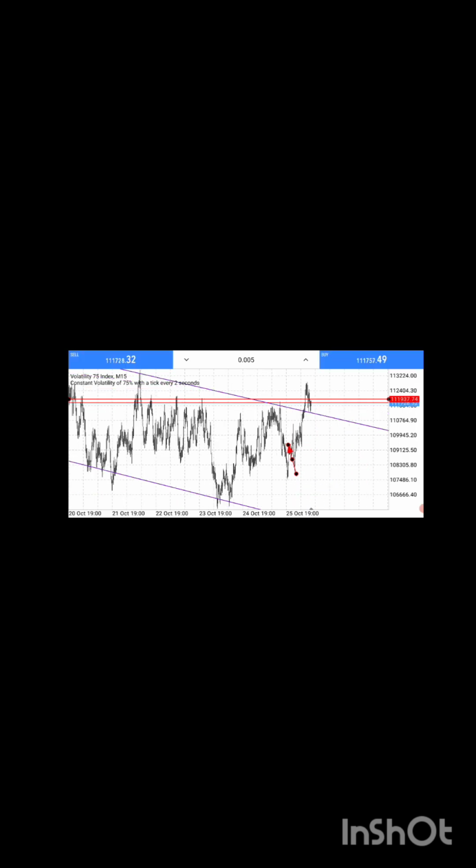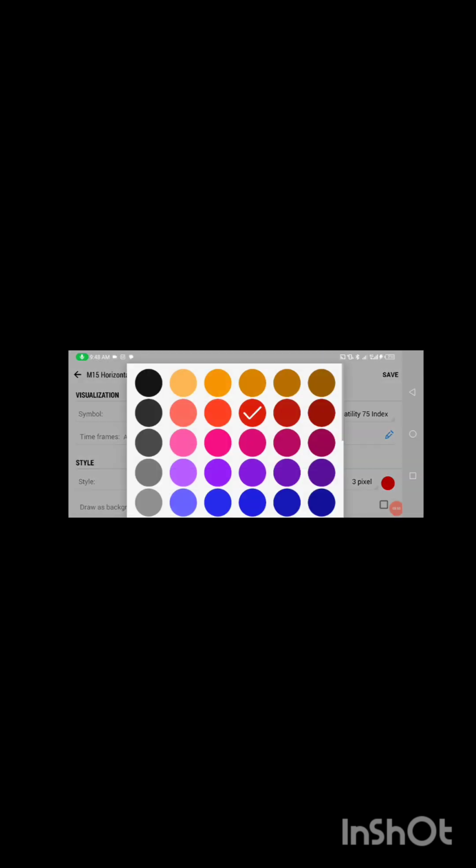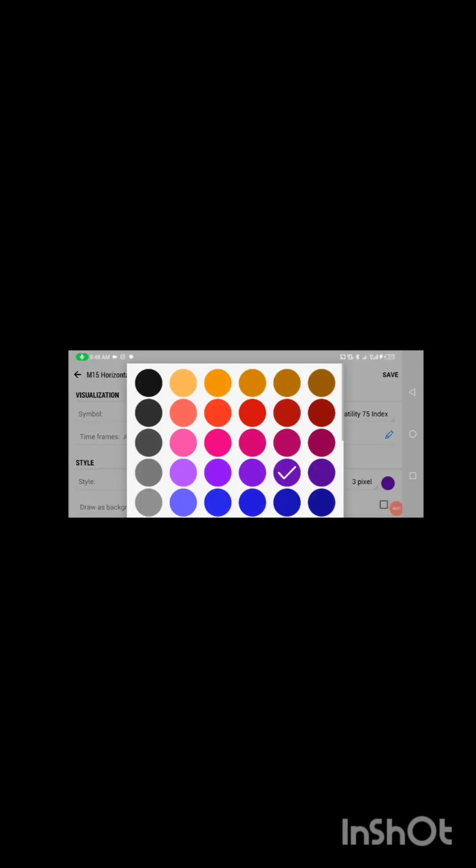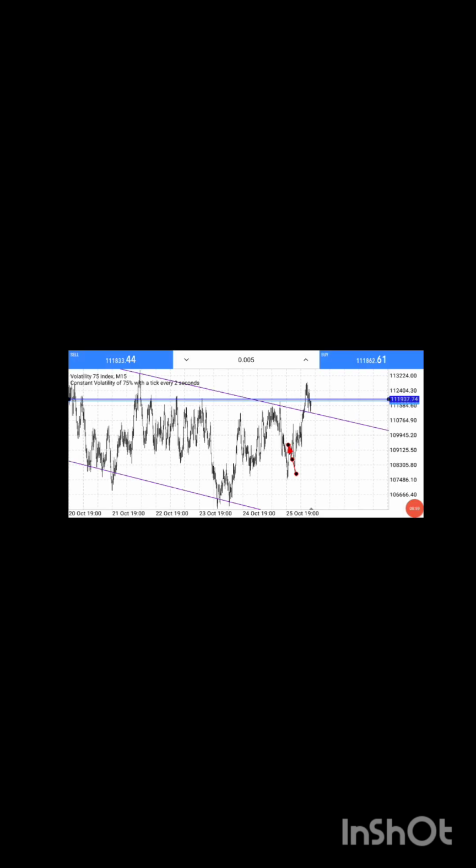Okay, let's change the color to brown. Let's change this again to blue. You can use this blue, it's cool, right? So you have to run the resistive and supportive state of this price.